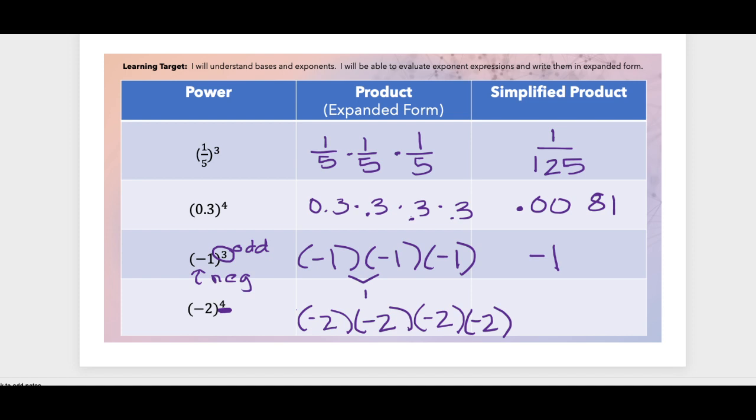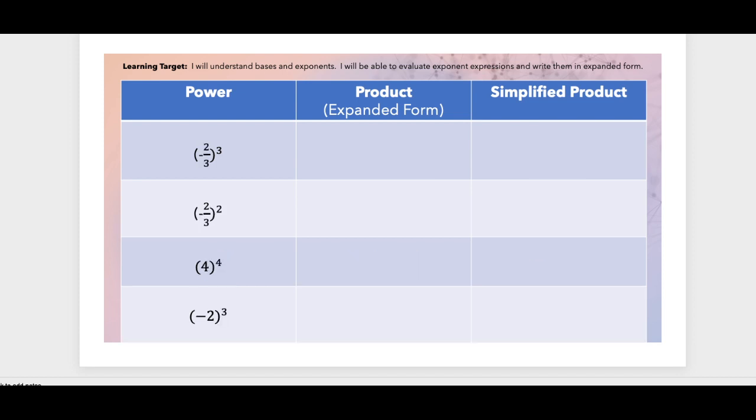So now let's multiply two numbers at a time here. -2 times -2 is +4. +4 times -2 is -8. And -8 times -2 is +16. All right, now we have a negative fraction, and I have an odd number exponent.